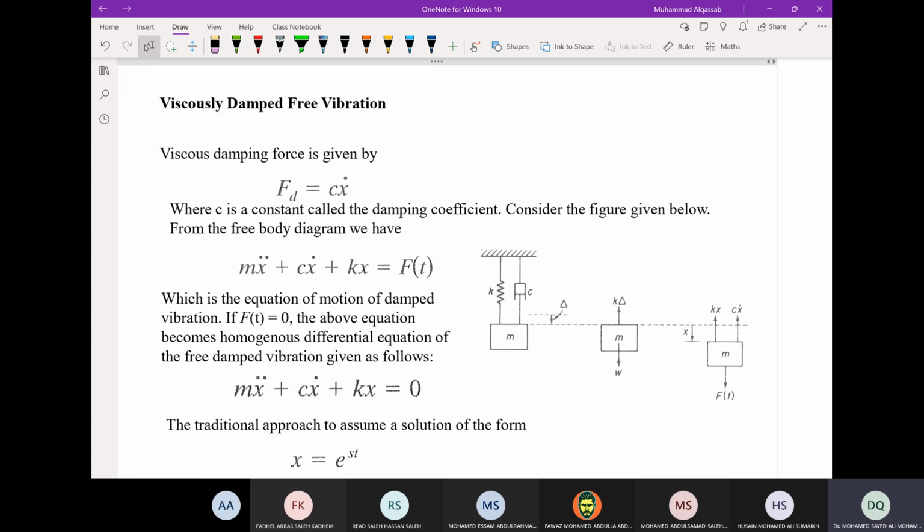There are other types of damping, but we will start with viscous damping because it can be controlled. The force in the damper is directly proportional to the velocity, x dot, and the constant of proportionality is c. So you can change the value of c to get the required damping.